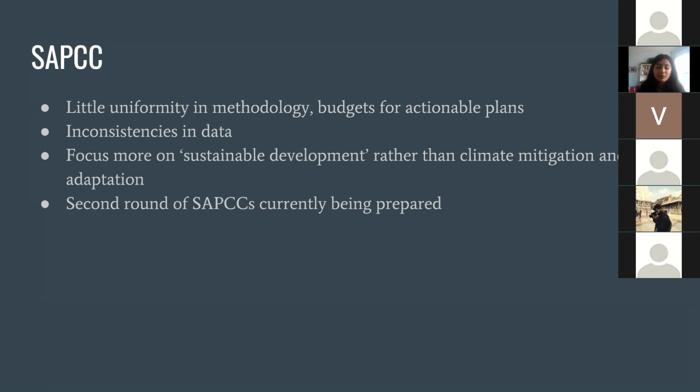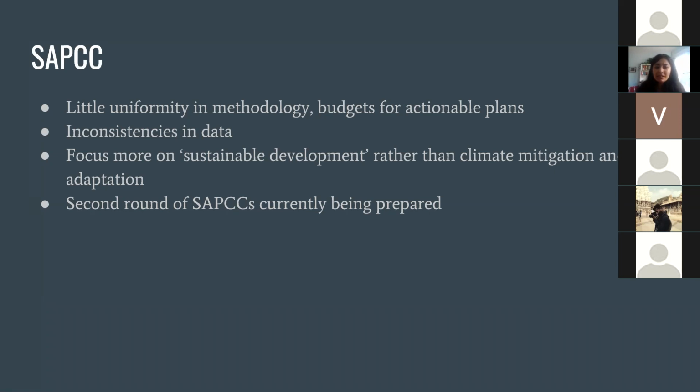So that's where they focused. Orissa chose to focus on industries because that was their development priority at the time, and it was getting very little interest from others. So this is where they chose to make the most of the SAPCC.